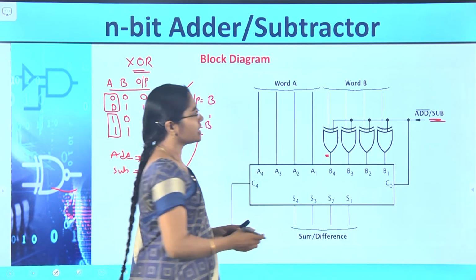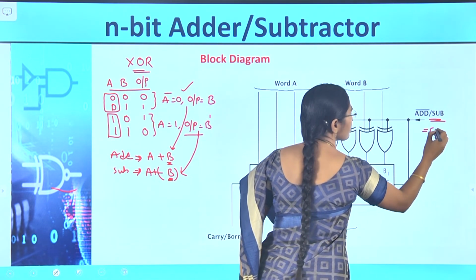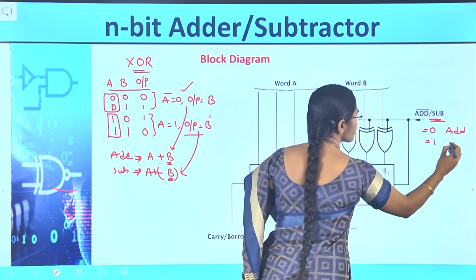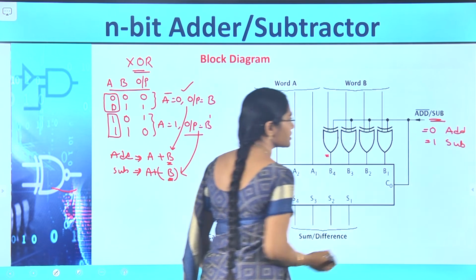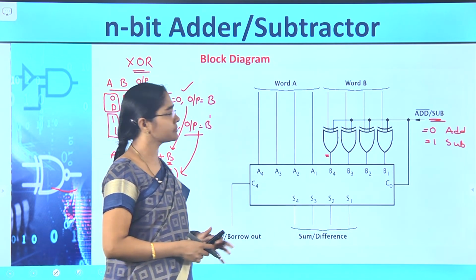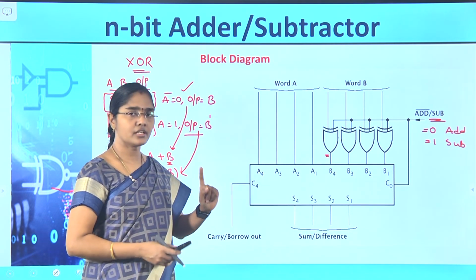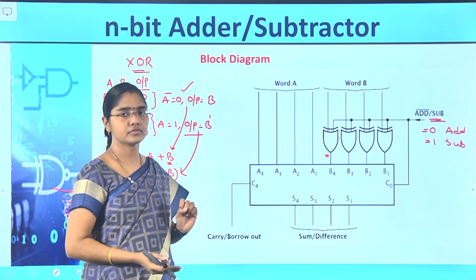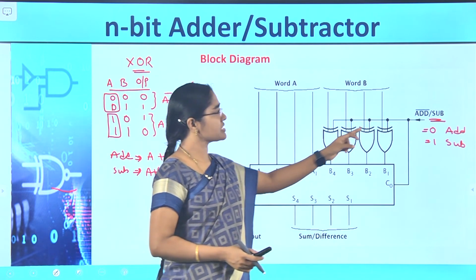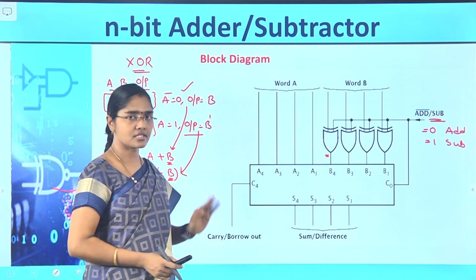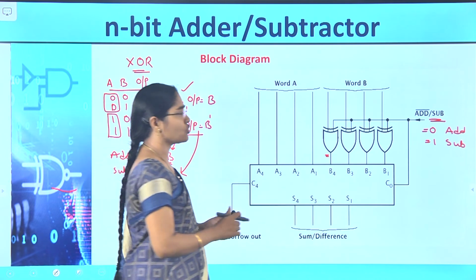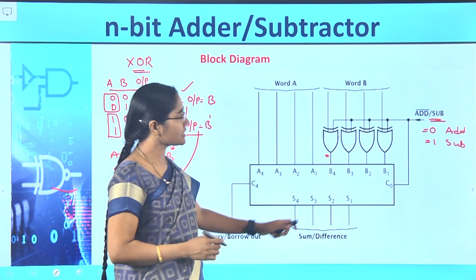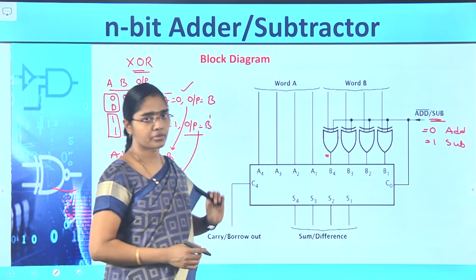That means if this control signal is equal to 0, addition operation is performed. If this control signal is equal to 1, subtraction operation is performed. So one control signal is used for giving the XOR output as either B or B bar. The bar represents that when this control signal is equal to 0, it is addition operation, and when the control signal is equal to 1, it is subtraction operation.